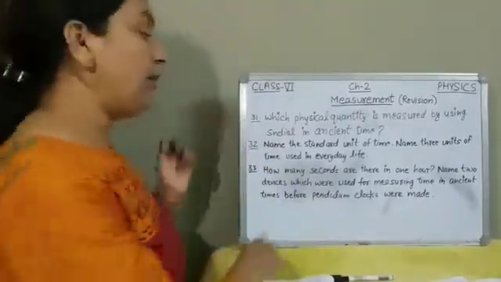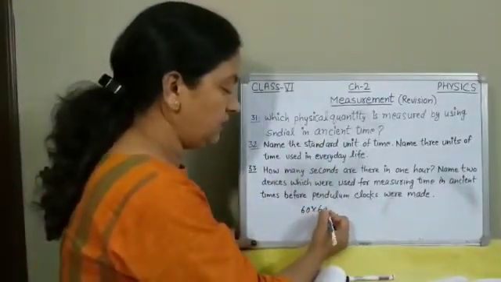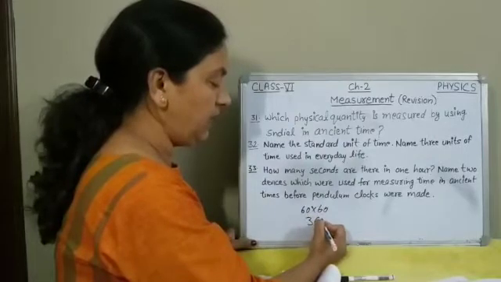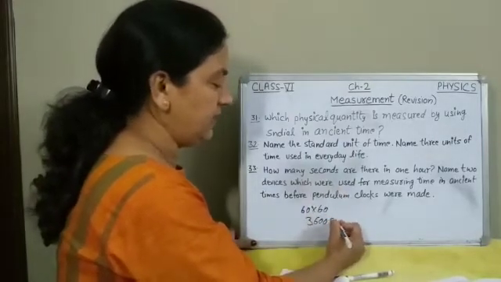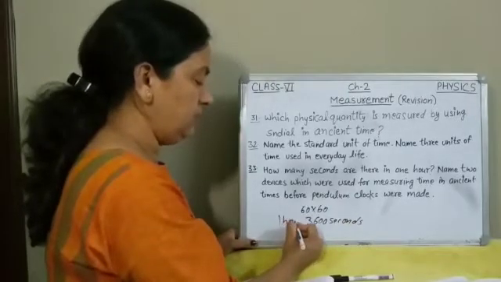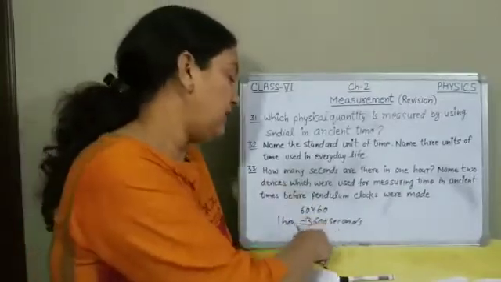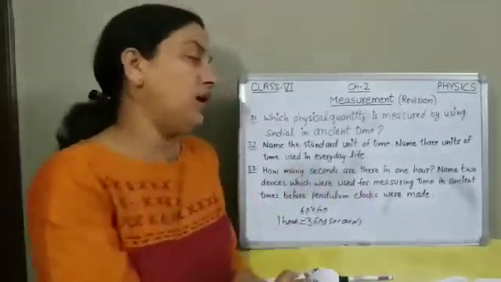So 60 into 60 will become 3600 seconds. So 1 hour is equal to 3600 seconds.